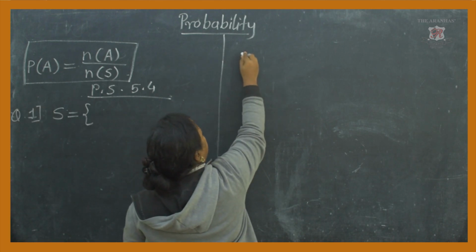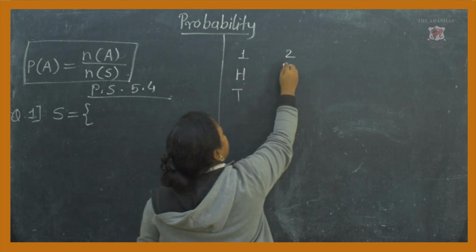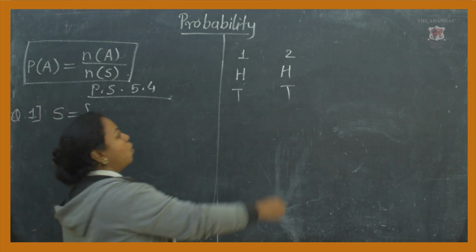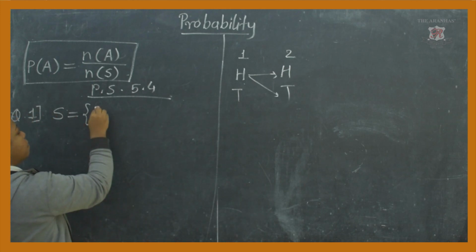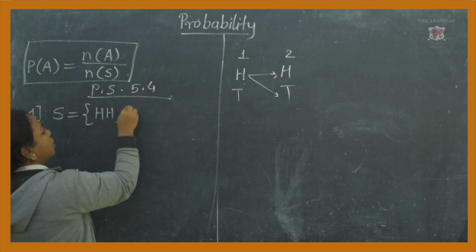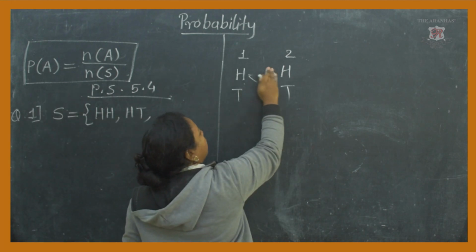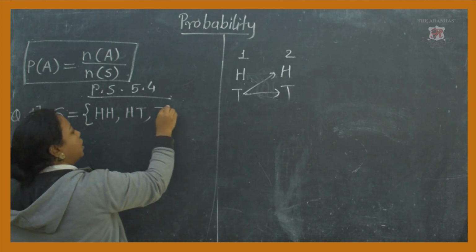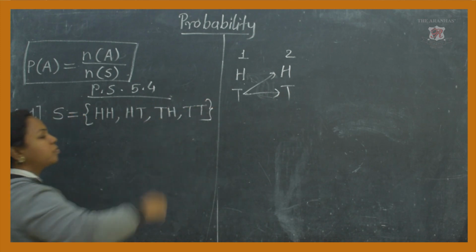If 2 coins are tossed, the first coin and the second coin both have 2 sides, H and T. So H with H, H with T. So first bracket, HH, HT. Then second, it is TH, TT.